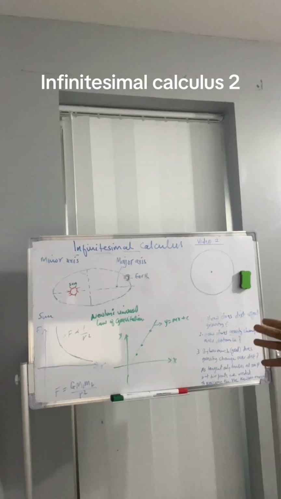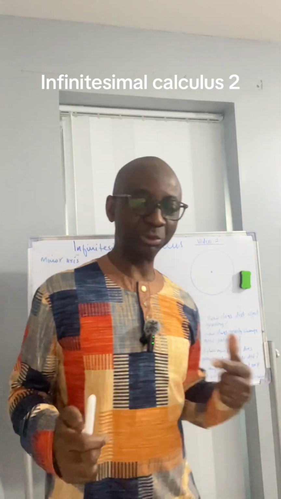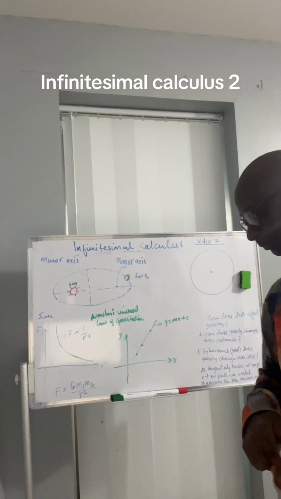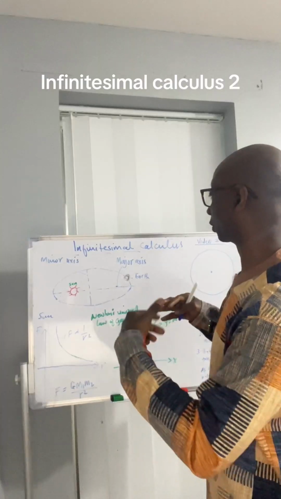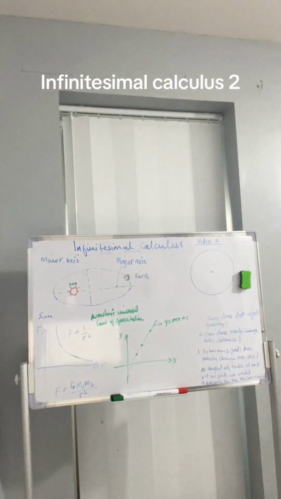But they did it independently, but simultaneously. And there was even an argument between them, each one claiming to be the founder of calculus. But anyway, we are not going into that. But how come now when we say calculus, we are talking about Newton and not Gottfried Leibniz? That is another topic.